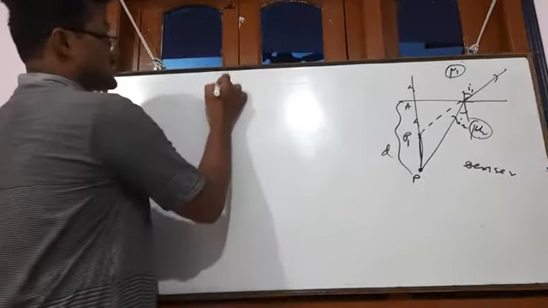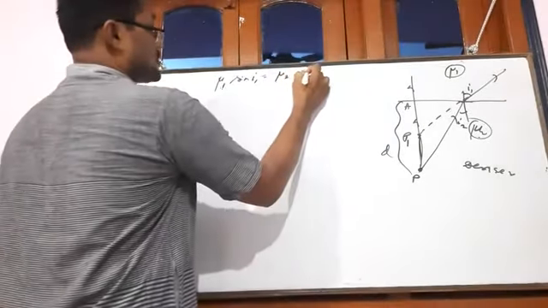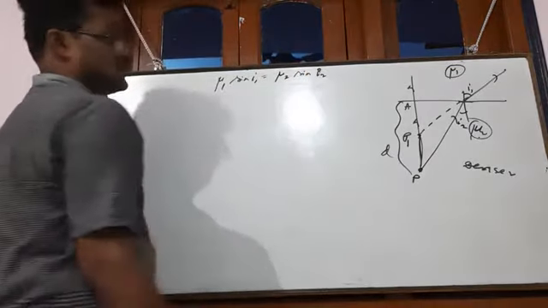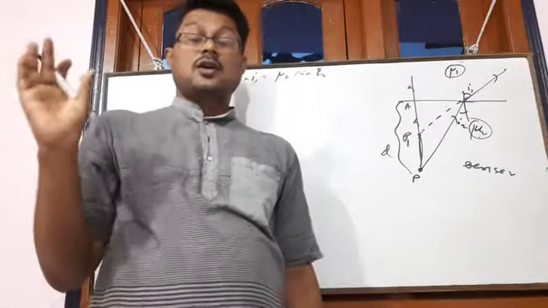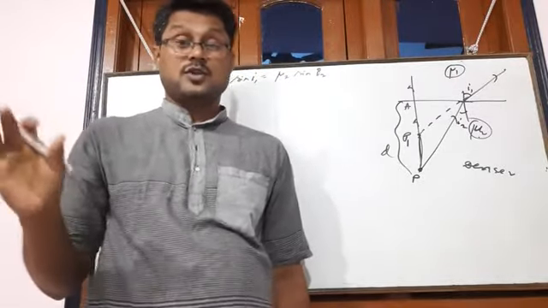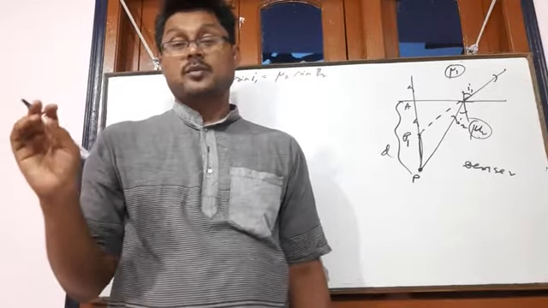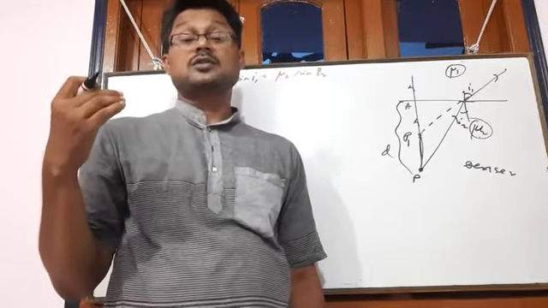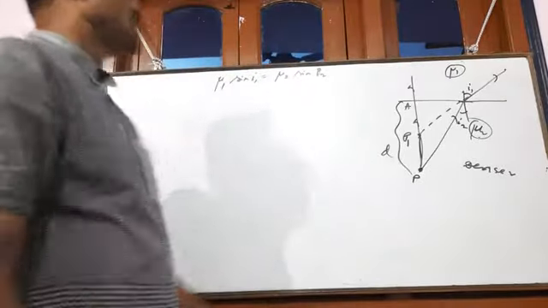So first Snell's law: mu1 sin I1 equals mu2 sin I2. Keep in mind that Snell's law is in this form, not mu equals sin I by sin R. It will be a problem to solve numericals otherwise. So better you keep in mind this formula.